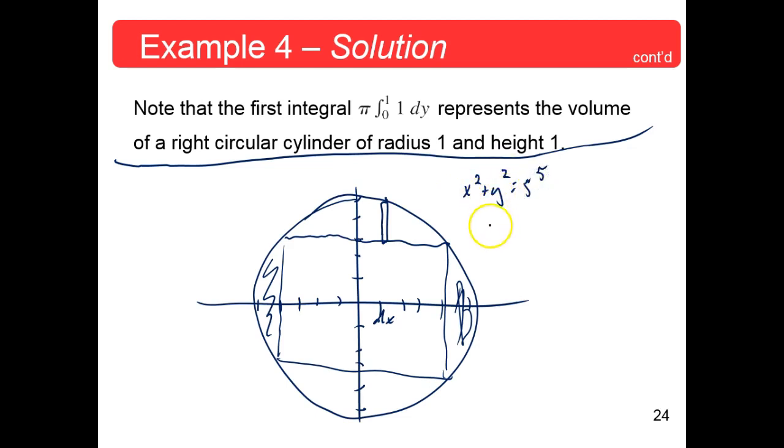So your y in terms of x would be, well, y squared is equal to 25 minus x squared, right? And then take a square root, and we're only going to take the positive because we're going to take this upper part. Y is equal to the square root of 25 minus x squared.